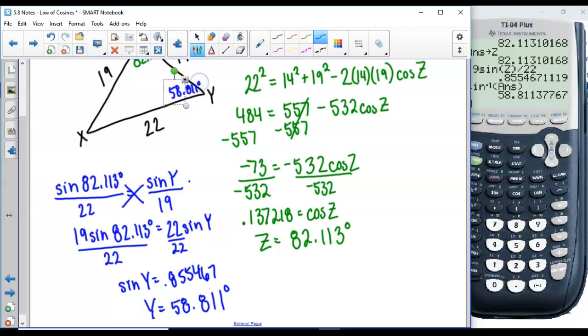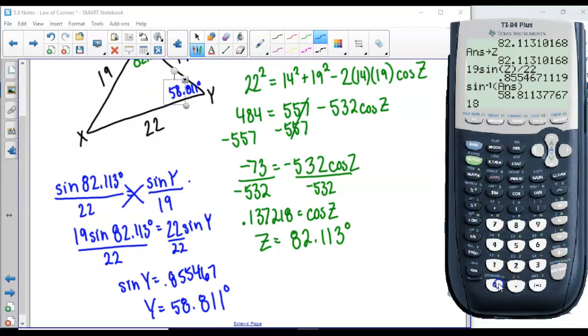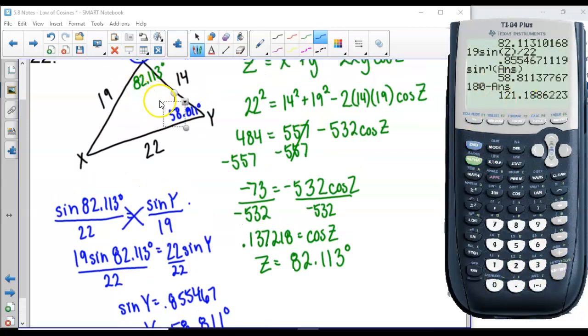Now, because I did use law of sines, I would want to check the ambiguous case. It is very rare that it happens, but it occasionally does. So if I do 180 minus this answer, I get 121, and 82 plus 121 is too big, so it's not an ambiguous case.